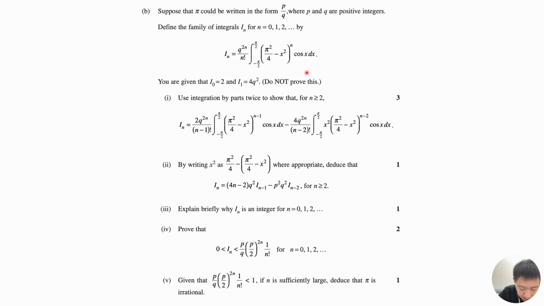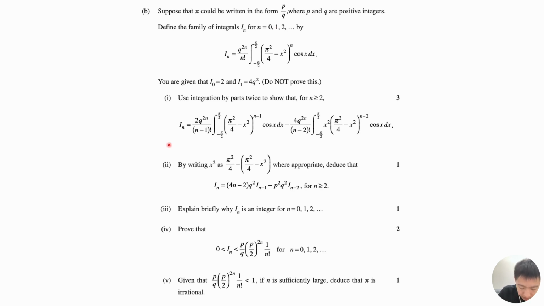There's this complex integral, and you need to know that this p is the same as this p, so they are the same. Since you're using proof by contradiction, you can use pi as p over q.